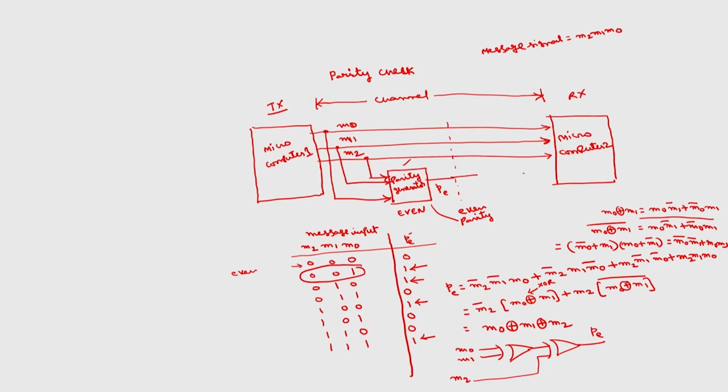Now, at the receiver we have to check for errors. We have to design a parity checker, and because at the transmitter I generated even parity, you have to design an even parity checker here.